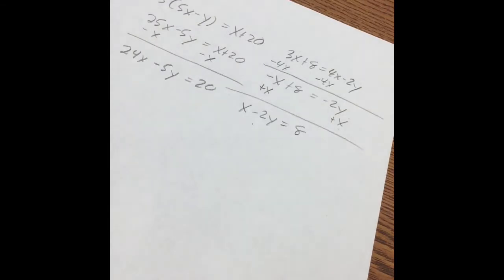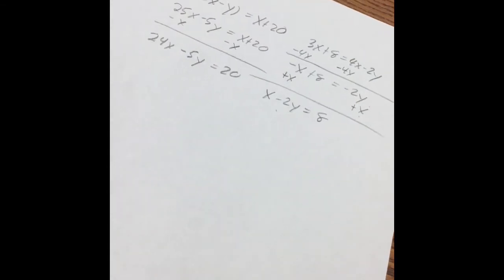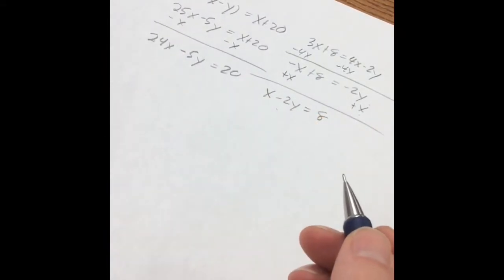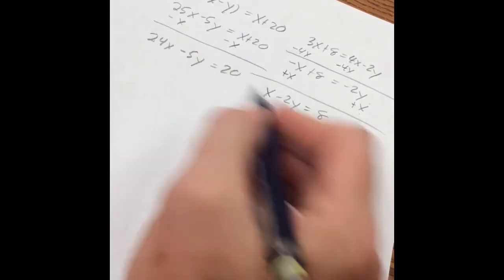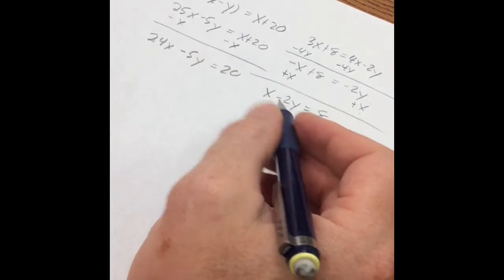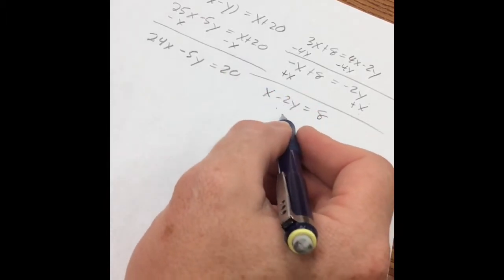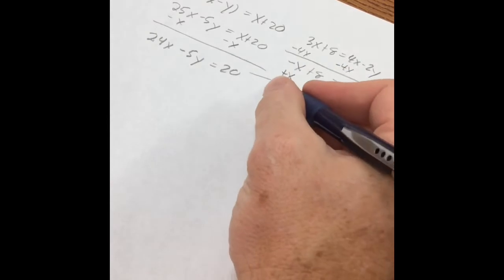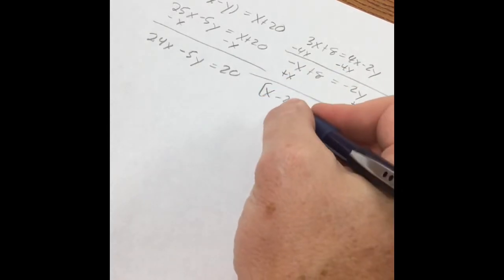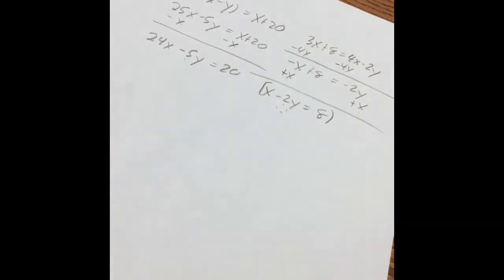Now, what we have to do is figure out a way to make these guys cancel out. You can do it real easy with the x's, but I'm multiplying by a huge number to turn this into the opposite. So we want to make our coefficients opposite. And probably the easiest way is to deal with these y's right here. 2, this coefficient, and 5, this coefficient, have a common multiple of 10. Let's do this.